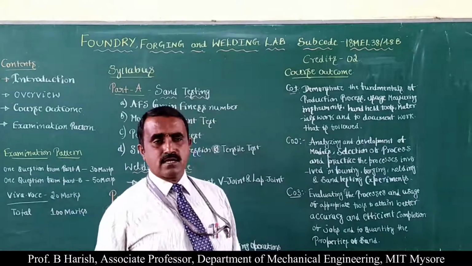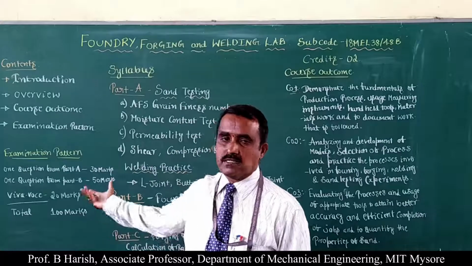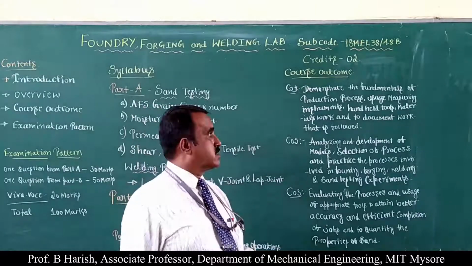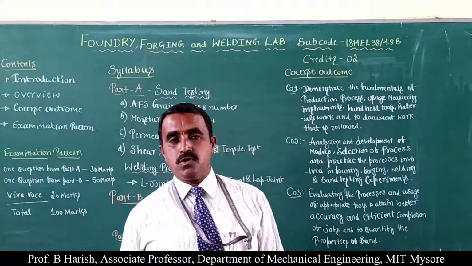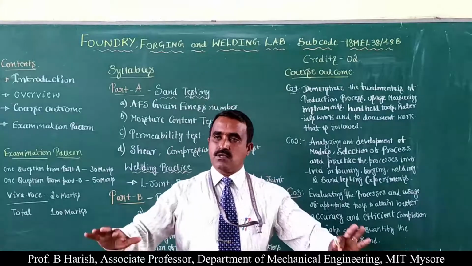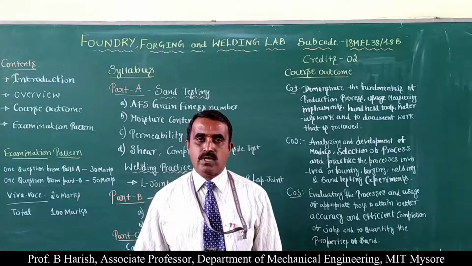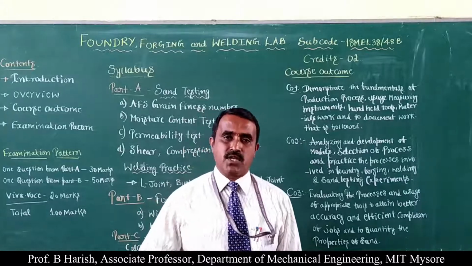Once we know the basic concepts, importance and syllabus content, that is nothing but the overview. One more thing to know is the COs, course outcomes. What is a course outcome? Once you complete the lab, what is the outcome of carrying out this particular lab?